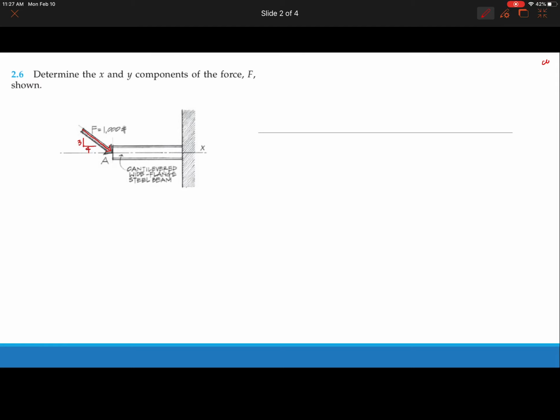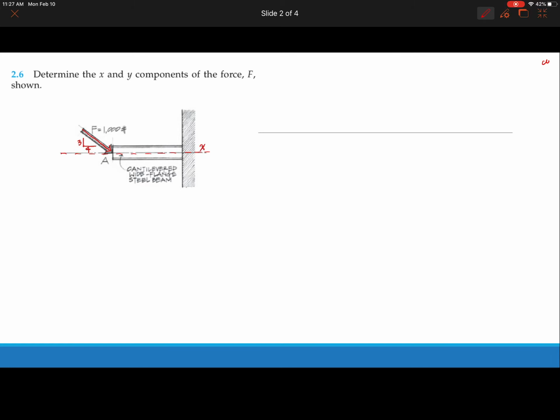And the question is to solve for the x and y components, Fx and Fy. To do that, we said first we want to set up the Cartesian coordinate system. This is the horizontal and vertical case, because there is already an x-axis set up in the problem.